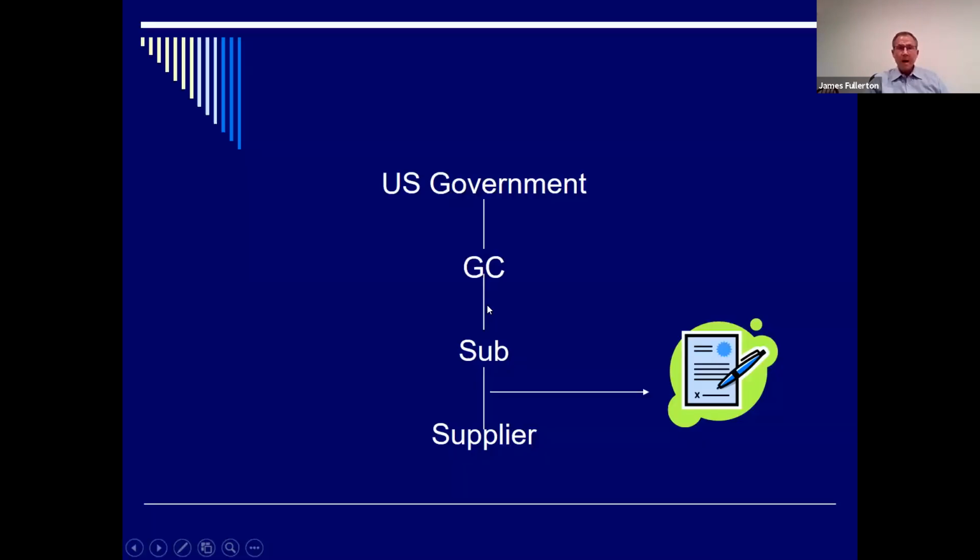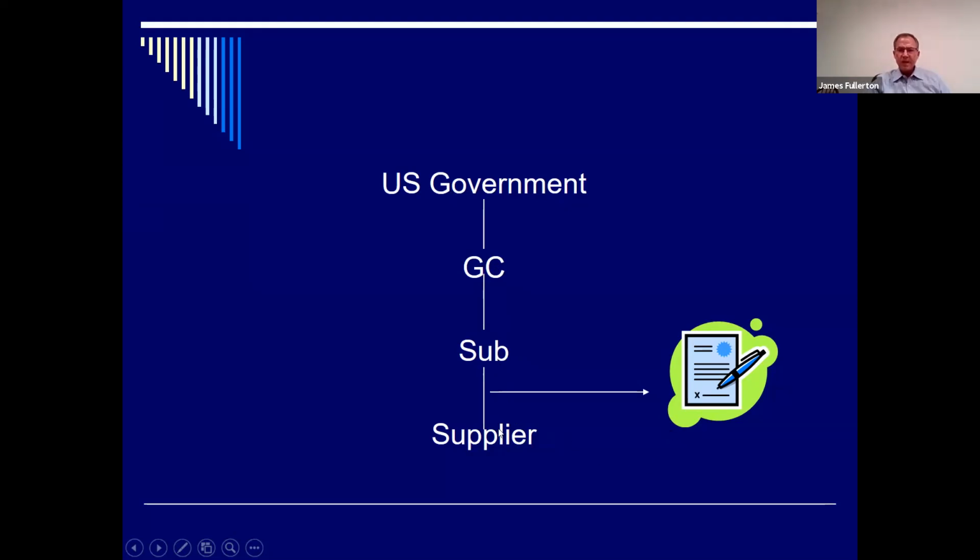Sorry, jumping ahead, I think I'm missing part of this slide. The bond is up here between the US government and the general contractor. So this general contractor may not even know this supplier's on the project. The general contractor probably has no idea that the sub has signed a credit agreement calling for 18% interest and attorney's fees.